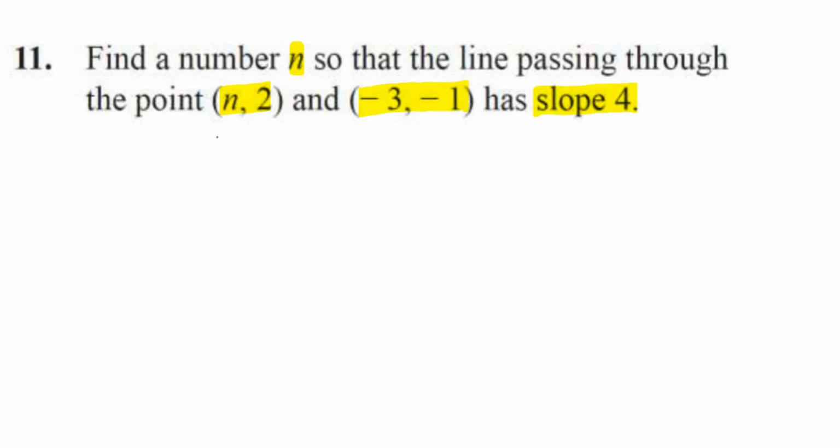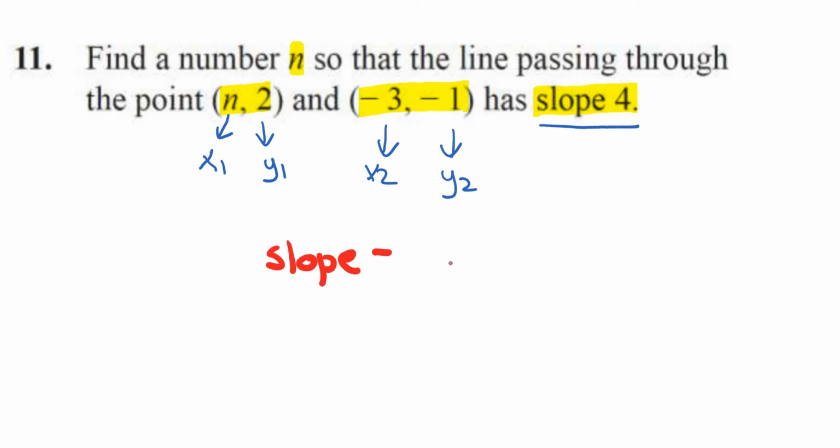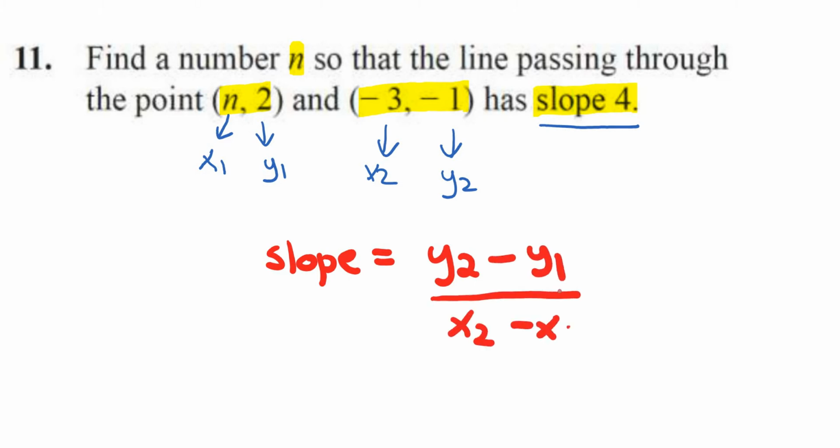Step number 1, let's label our coordinates here. Sorry, that's not y1, this is going to be x1. So x1, and this is y1, and this is x2, and this will be y2, and my slope is 4. I know that my slope is equal to rise over run, which is a difference in your y values, all over a difference in your x values.